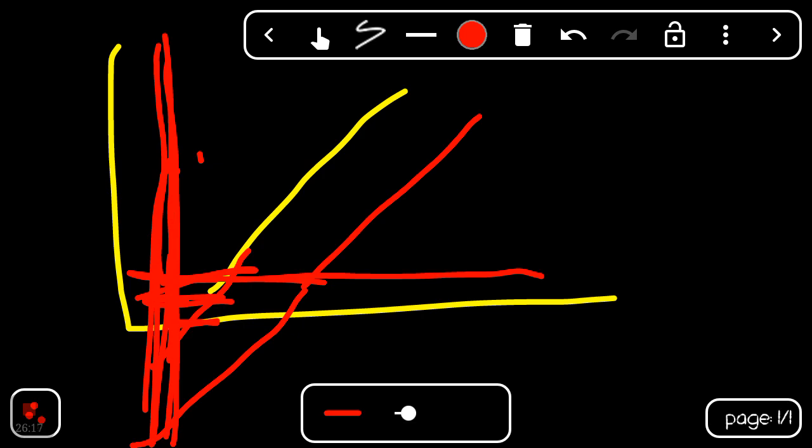When this thing happened, the teacher said, we don't have time, let's go to another thing. Don't waste your time on this graph again.